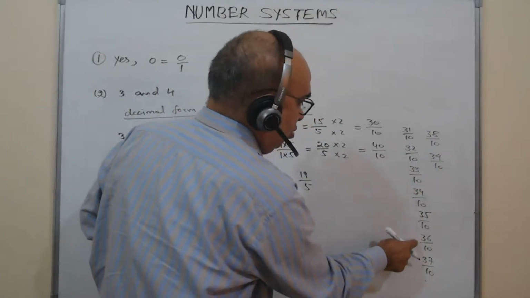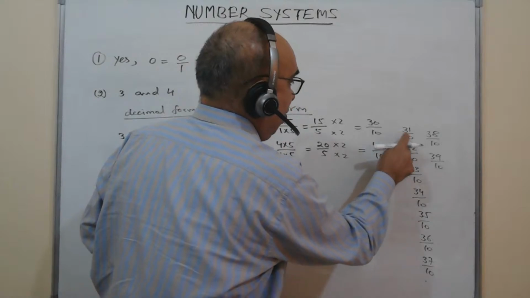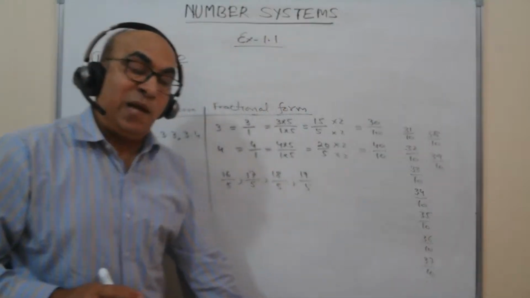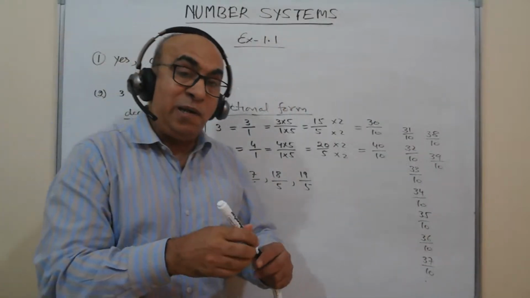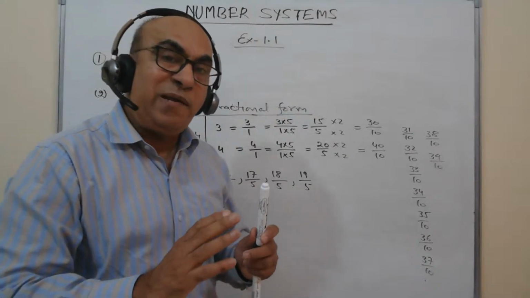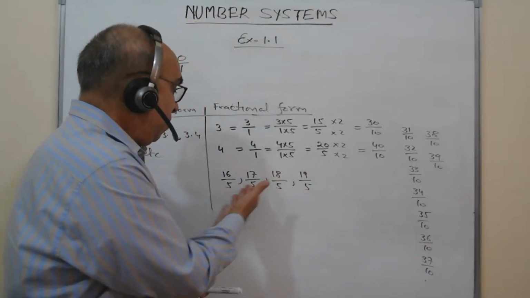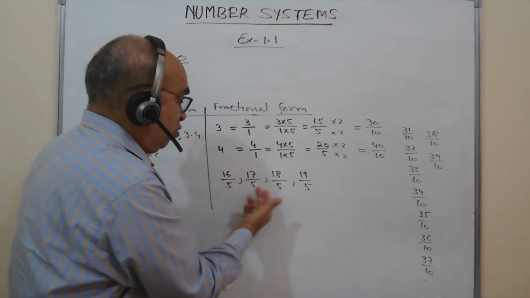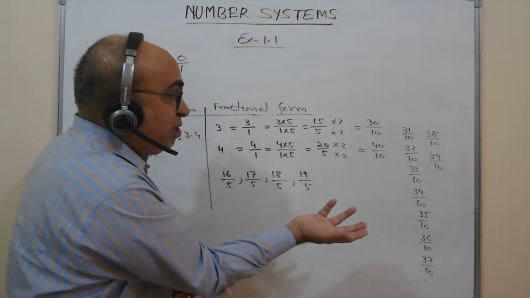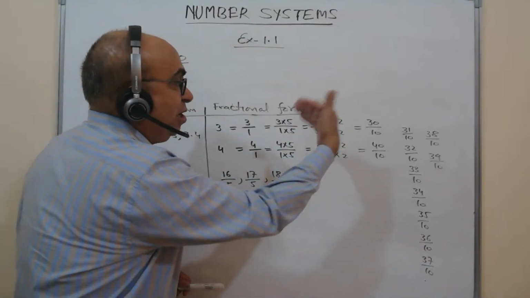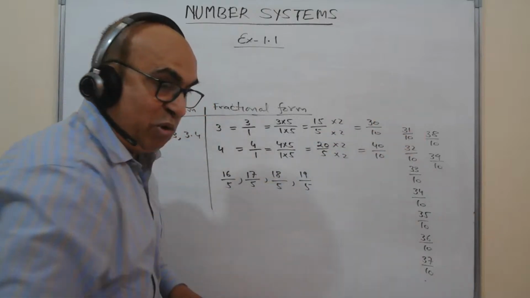Here I got 1, 2, 3, 4, 5, 6, 7, 8, 9. 9 numbers I got. So if you need numbers between any two numbers, you can get many numbers. But here we are getting only 4. And suppose you need 6, then like that you can increase the denominator and you will get more numbers.